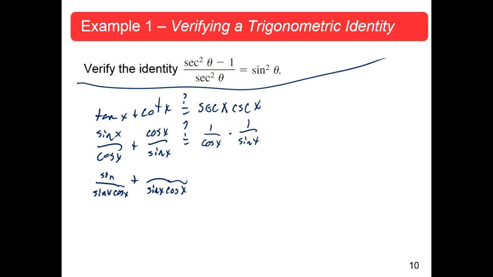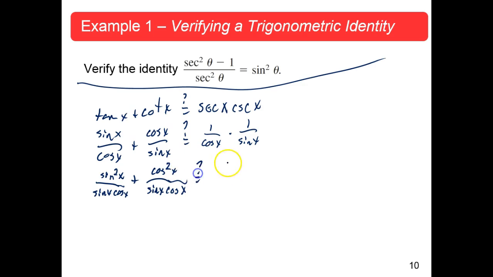If you multiply the denominator by sine, you must also multiply the numerator by sine, and that would give you what? Sine squared x. Very good. And over here, you would multiply by cosine, and that gives you cosine squared x.